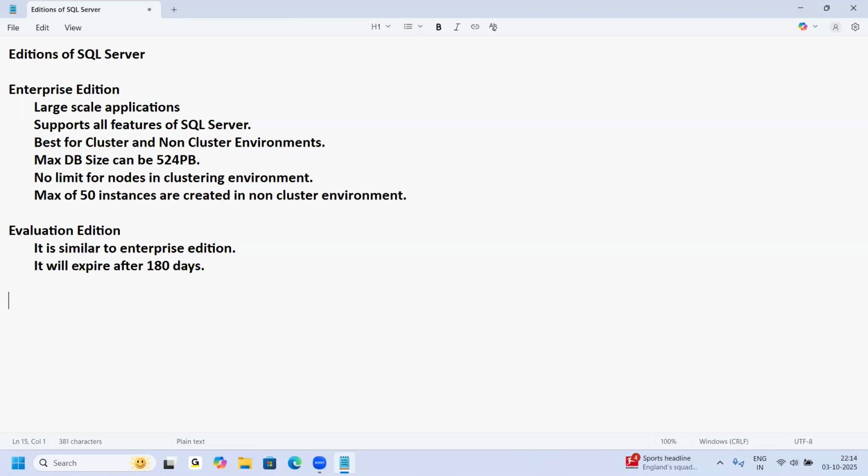At that time, you either have an upgrade facility, or it does not allow you to open it. The only choice at that time is to uninstall the product. That is the only option you have.